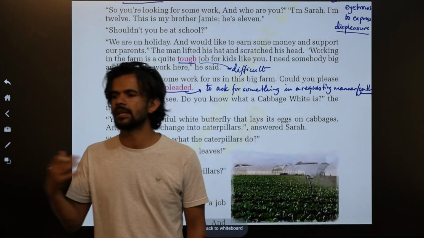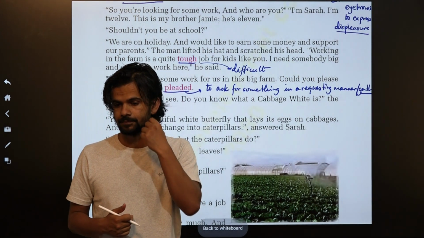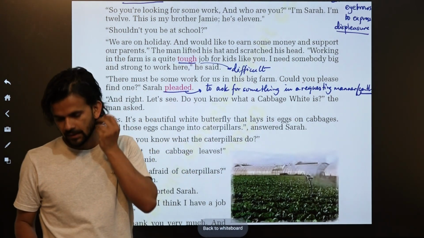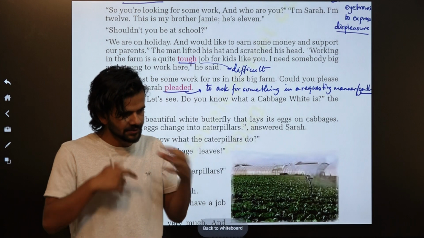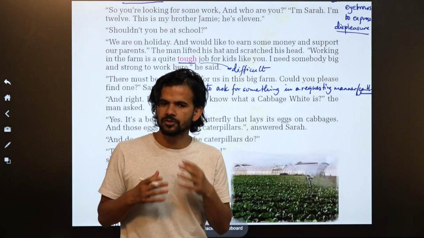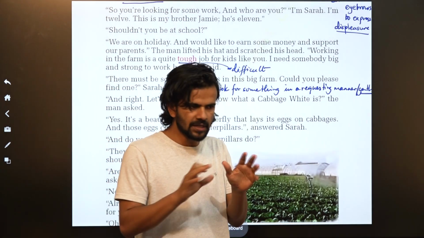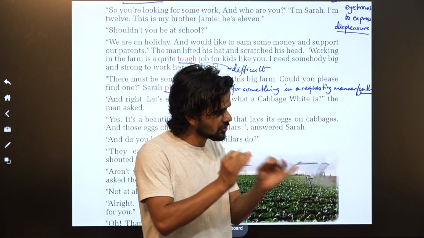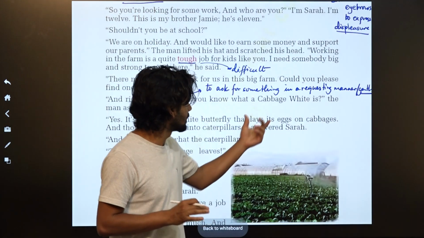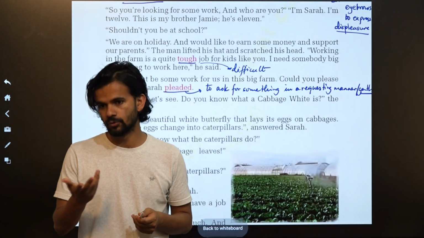Could you please help me solve this mathematics problem? Alright? So, meanwhile, don't just understand the story. The thing about learning English is don't just try to understand the story, but try to actually learn also the structures of the sentences that we are using. Could you please? You can use it, isn't it?